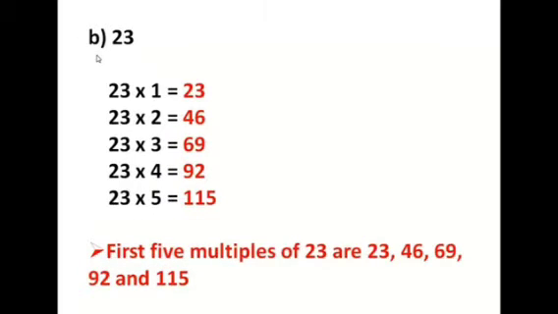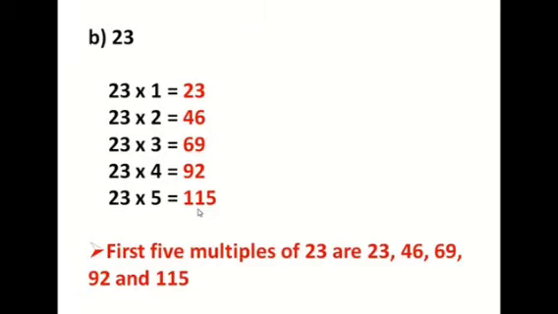Next question, question number B, it is 23. You have to find out the first 5 multiples. As you have done the previous sum, I hope the same way you have done this sum also. So 23 1s are 23, 23 2s are 46, 23 3s are 69, 23 4s are 92, 23 5s are 115.